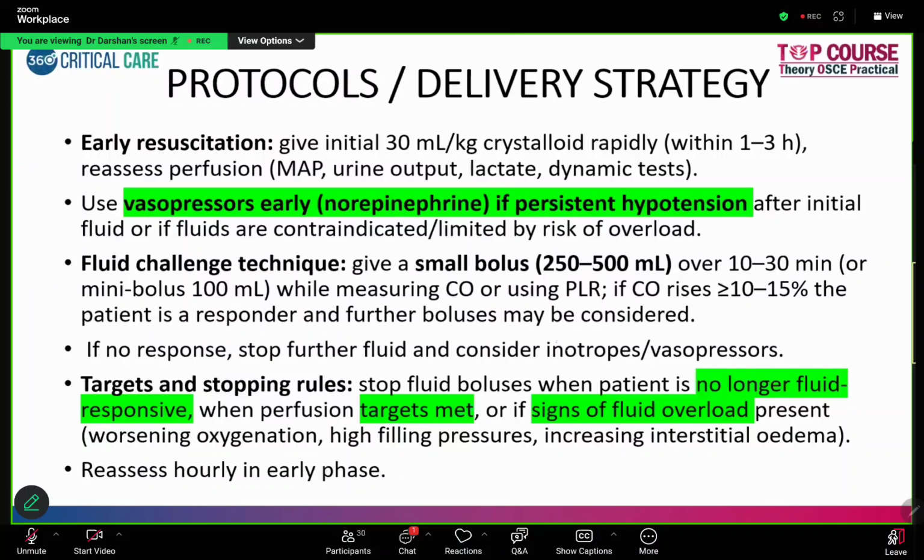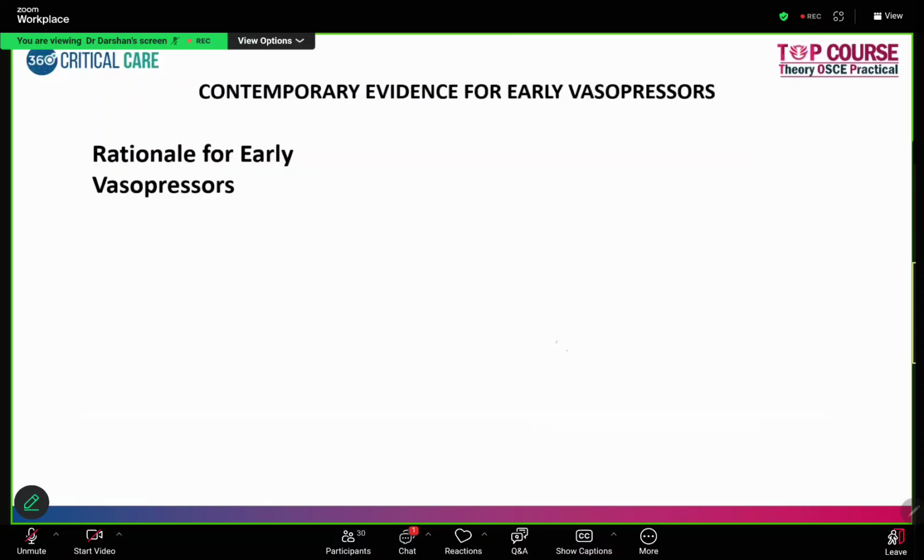Whenever we feel that despite fluid therapy you're unable to reach the targets of resuscitation like MAP, urine output, lactate clearance, sensorium, etc., at that time we need to start vasopressors. They say earlier vasopressors is better, and I will discuss why.